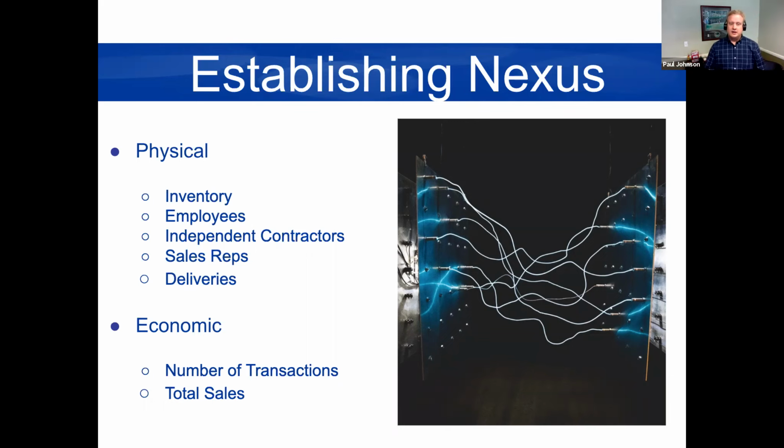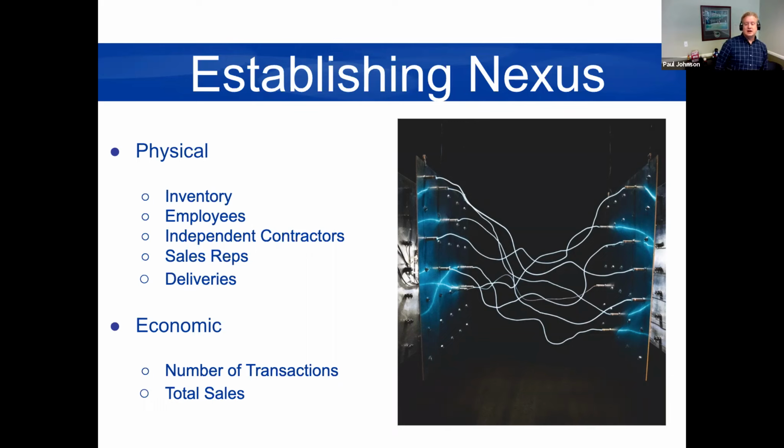The second aspect, economic nexus. As some of you may know, back in 2018, the Supreme Court agreed that Wayfair had established enough of a connection in South Dakota, and so they started establishing this economic nexus law.